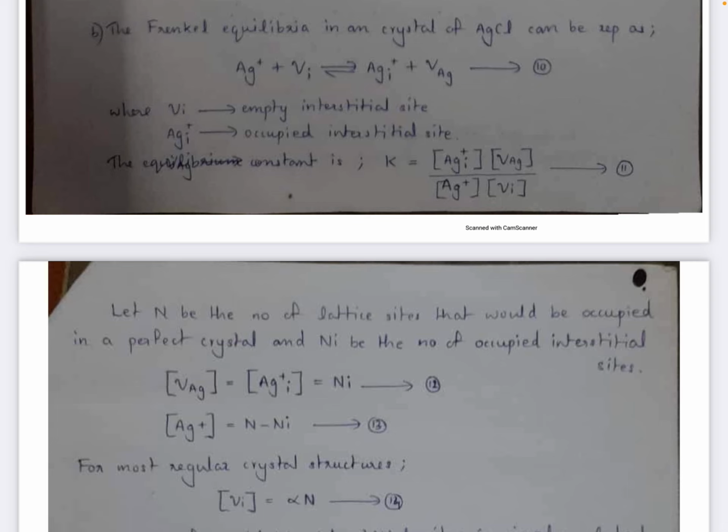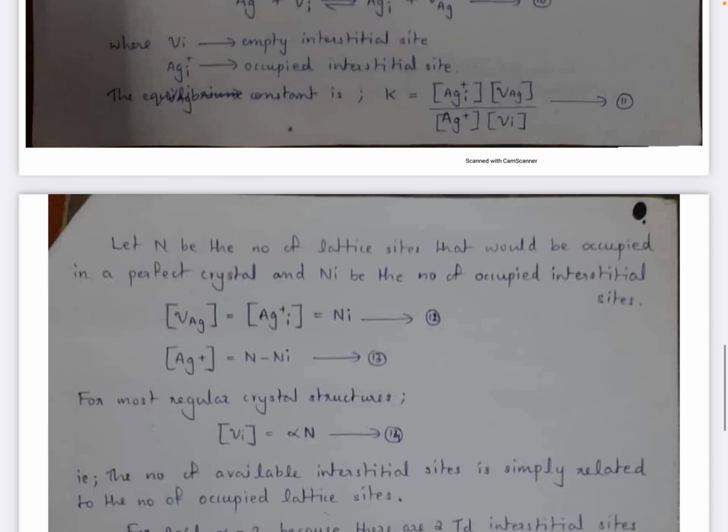That is equation number 10, where Vi is the empty interstitial site and Agi+ is the occupied interstitial site. The equilibrium constant can be written as K equal to concentration of Agi+ into concentration of VAg by concentration of Ag+ into concentration of Vi. That is equation number 11.